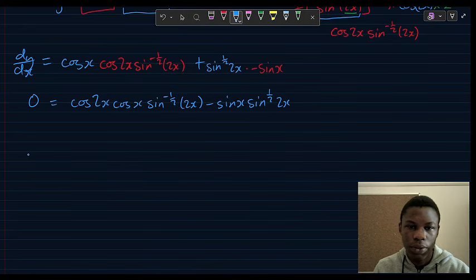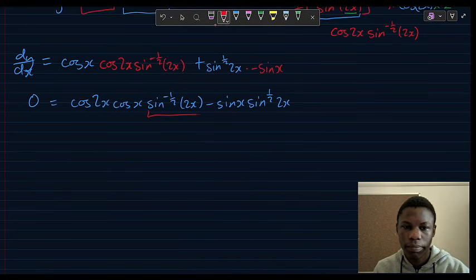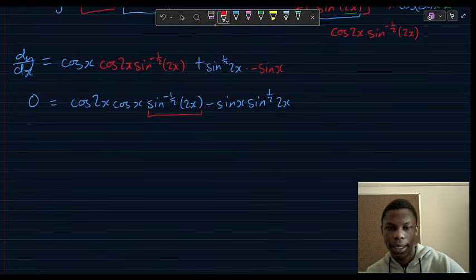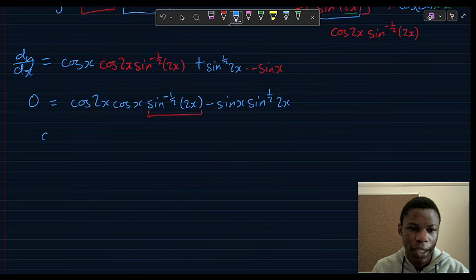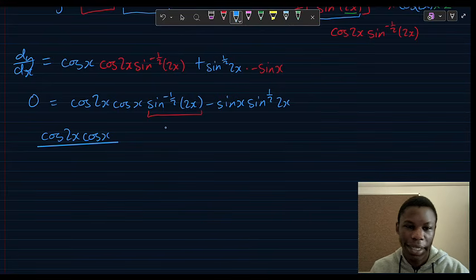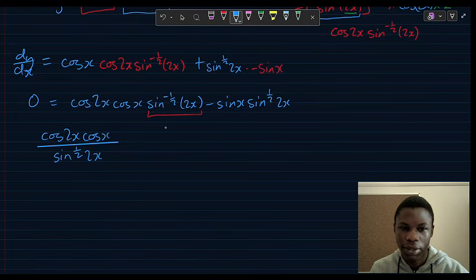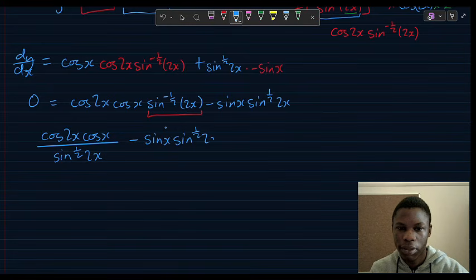So I want to rewrite this part with a positive power. So I'm going to take it down to the denominator. So I'm going to have cosine of 2x multiplied by cos x, and this is being divided by sine. So that power becomes positive, sine to the half 2x. Then minus sine x, sine to the half 2x, and this is all equal to 0.